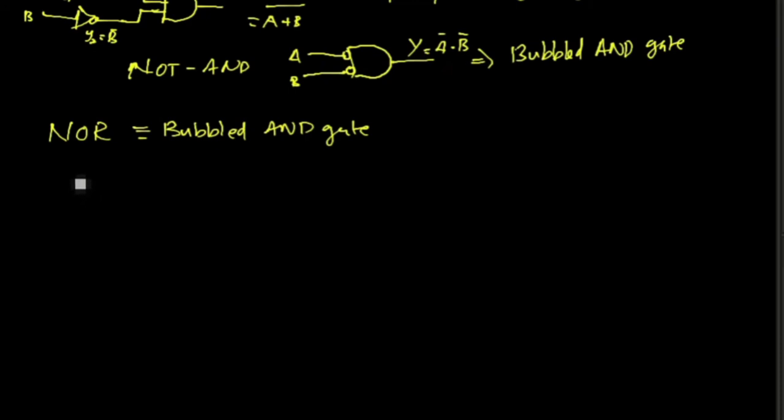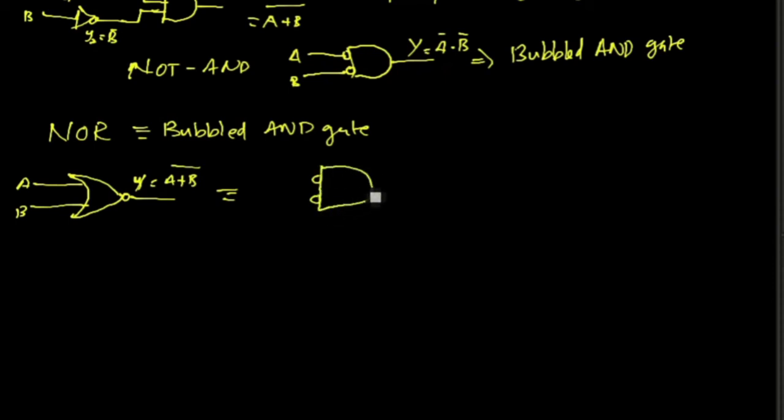So in symbol we can represent a NOR gate like this, or with a bubble, two inputs A and B with output Y as (A or B) all complement, which is identical to the bubbled AND gate.